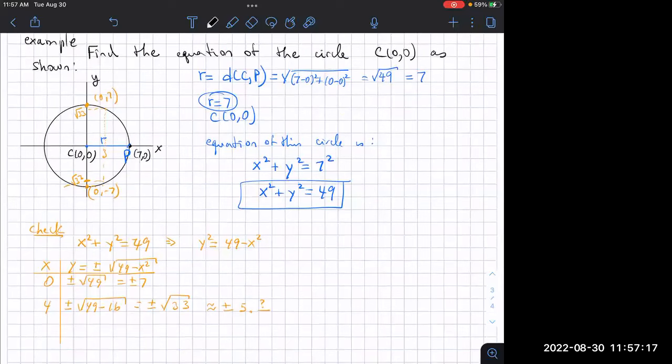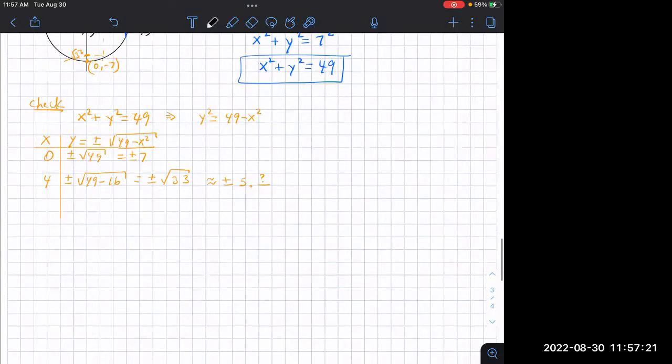what if I say, graph the circle, or graph the solution for x squared plus y squared equals 5.